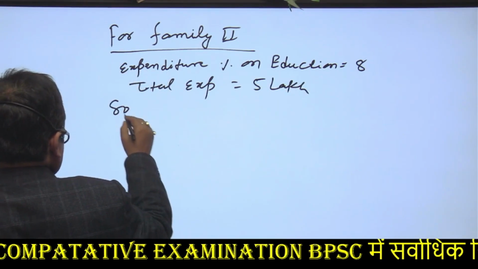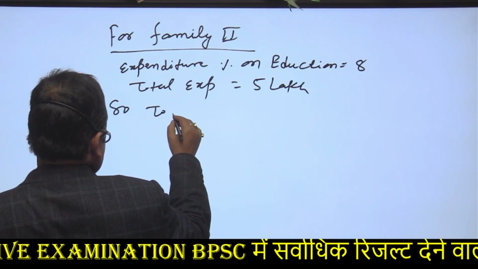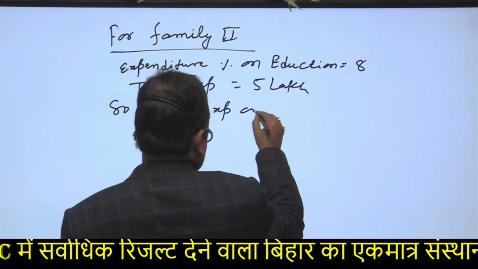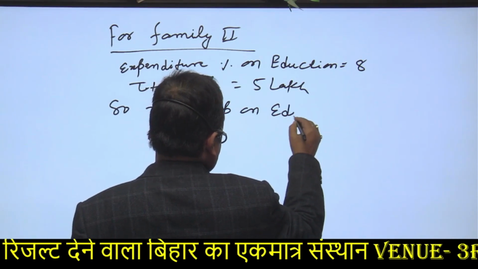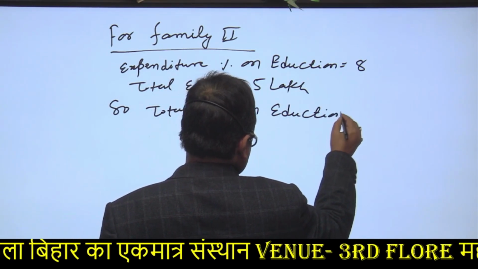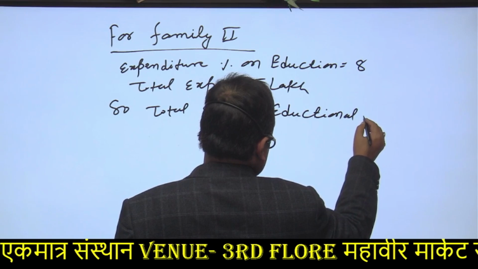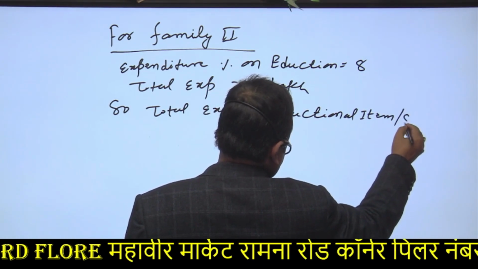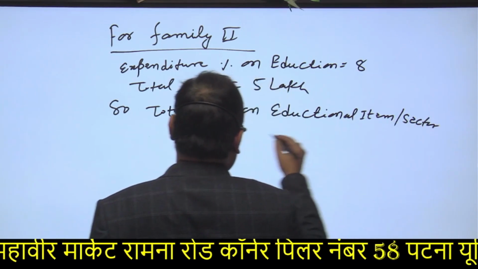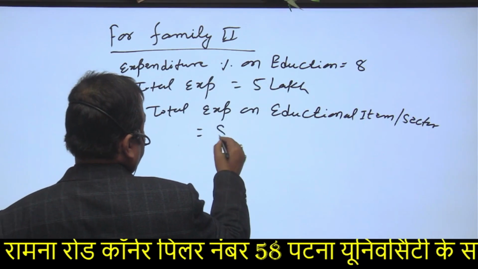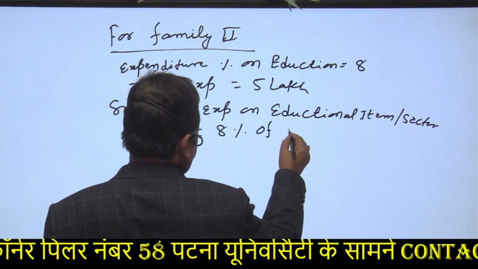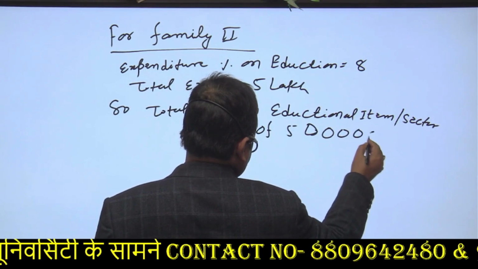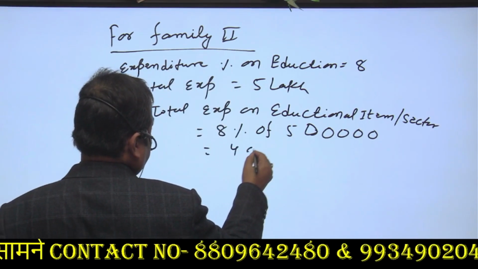So total expenditure on educational item or sector, you can also say, equals 8% of 5 lakhs equals 40,000.